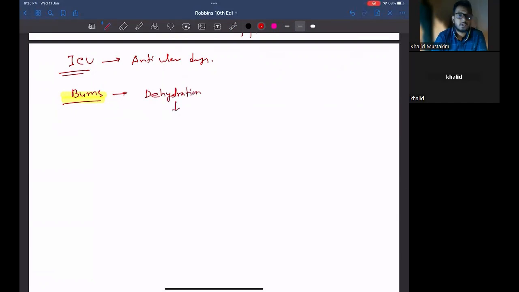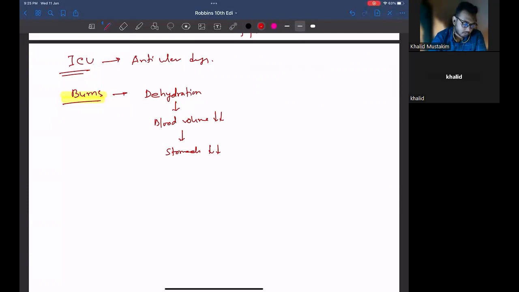The very basic physiology in a burn patient is that he will have dehydration. Dehydration means his blood volume decreases. If blood volume decreases, obviously the stomach will also get less blood supply, because the whole body blood volume has decreased. So how can the stomach get its proper supply? The blood supply of the stomach has decreased to its least level.